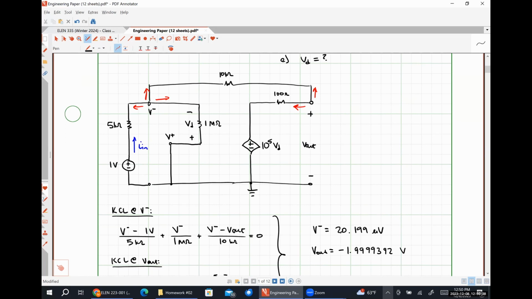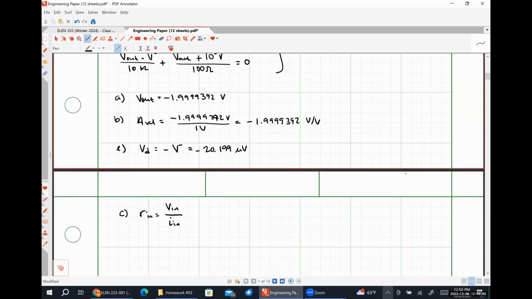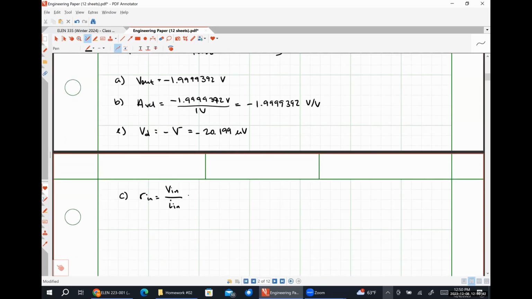Okay. So V in was just 1 volt. Now we're going to have (1 volt minus 20.199 microvolts) divided by 5 kiloohms.